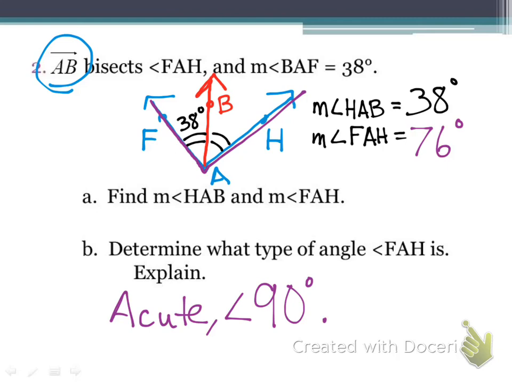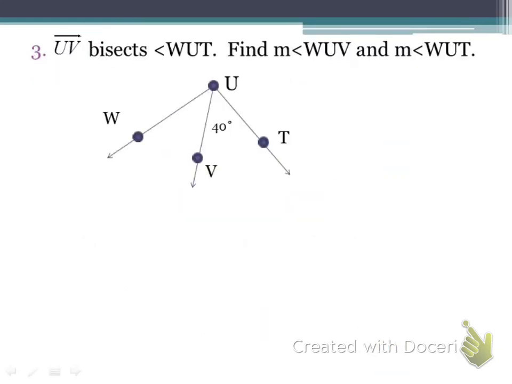All right, let's jump to number 3. Again, if you want to just draw the diagram, as long as we do some good labeling, we should be able to figure out everything that was written up in number 3 without writing it. So I am given that ray UV bisects WUT.